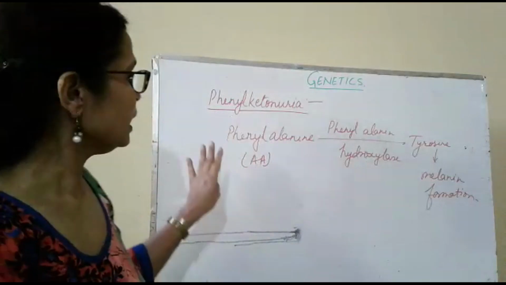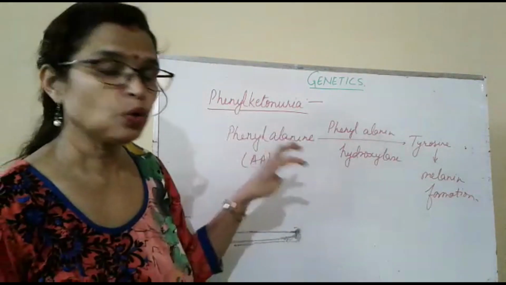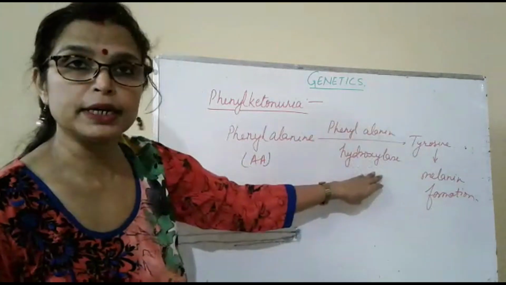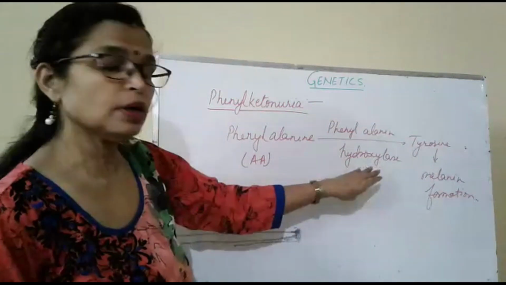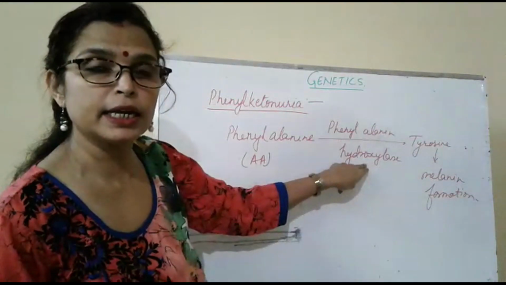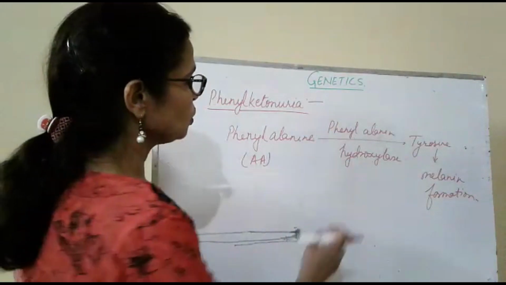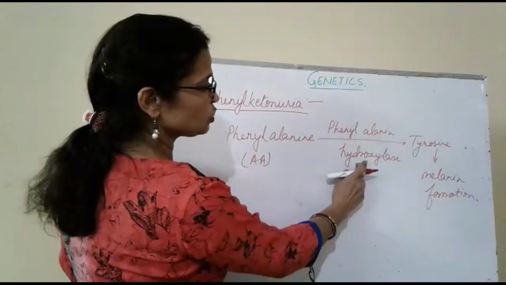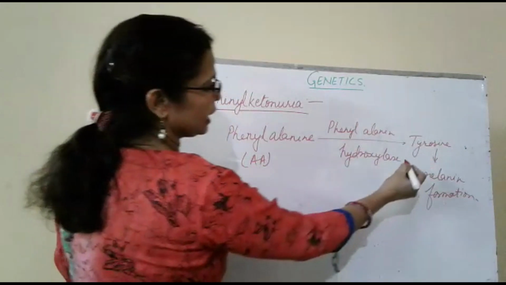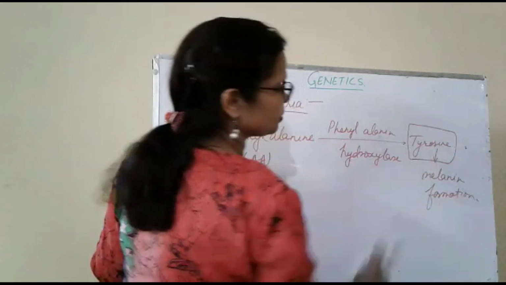In the phenylketonuria disorder, the gene that codes for this enzyme is mutated, and due to the mutation, the phenylalanine hydroxylase enzyme is not formed. If this enzyme is not present, then the conversion does not take place. That means tyrosine formation is stopped.